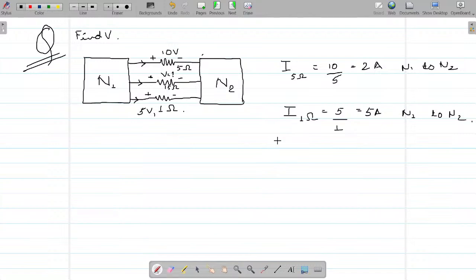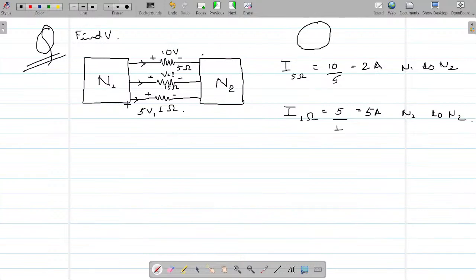Now, if you see, there are only 3 branches connecting networks N1 and N2. These two branches, we can say for sure, are carrying current from N1 to N2, right? As a principle, we know that current flows in a loop.